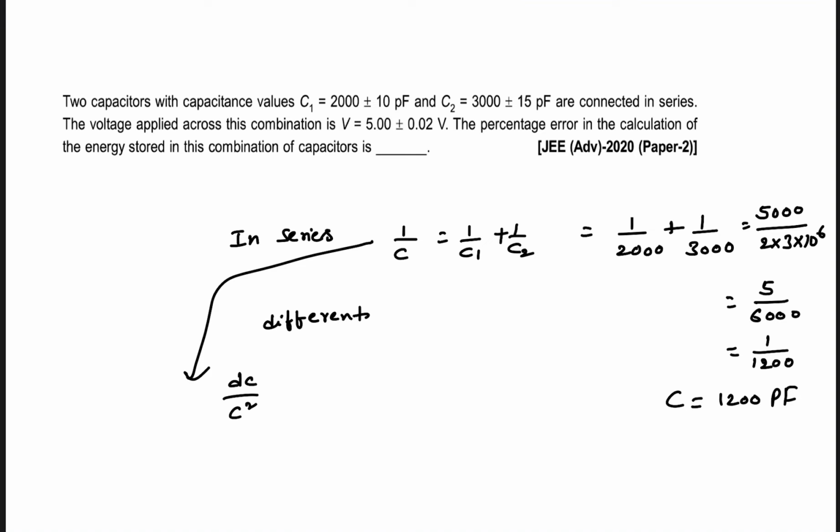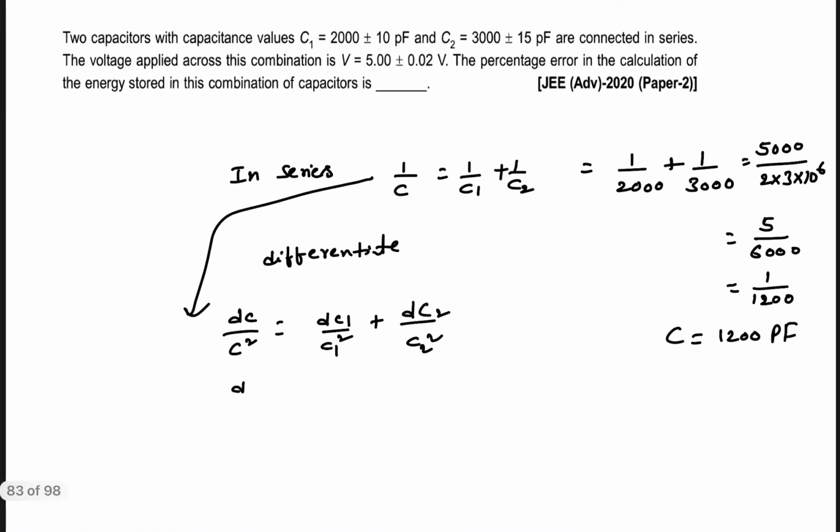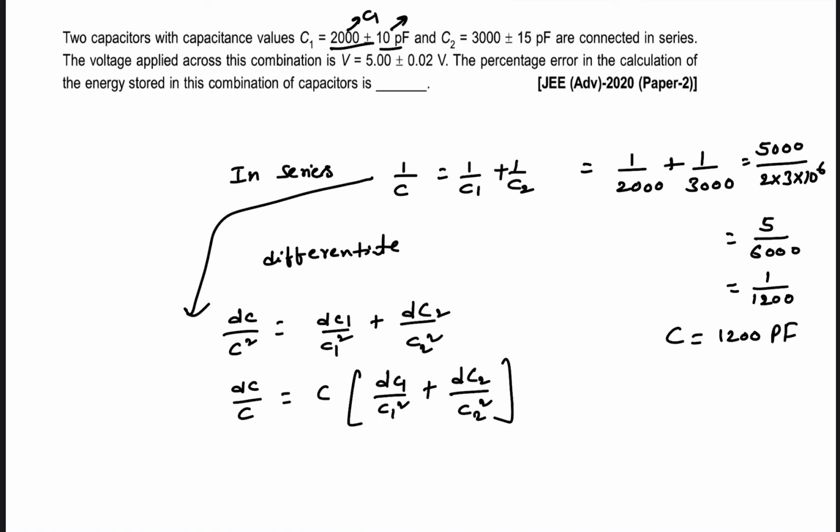Again, to calculate the error in this, we differentiate: delta C by C square is equal to delta C1 by C1 square plus delta C2 by C2 square. Then delta C by C is equal to C into delta C1 by C1 square plus delta C2 by C2 square.